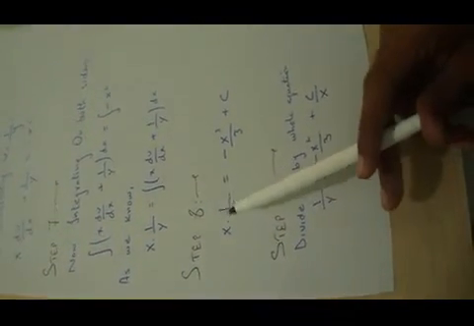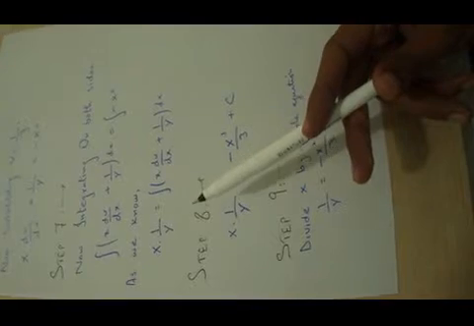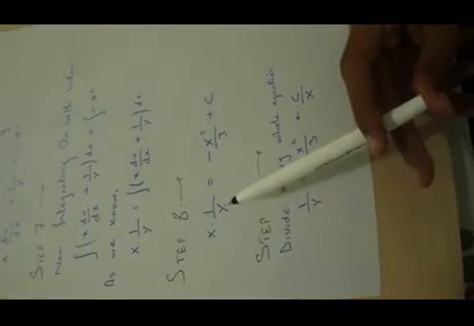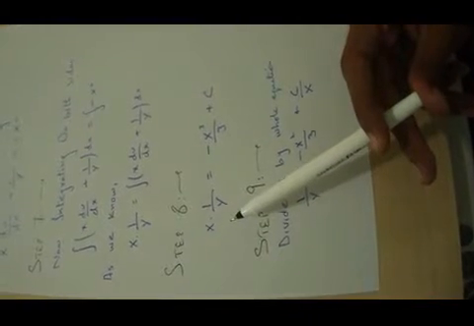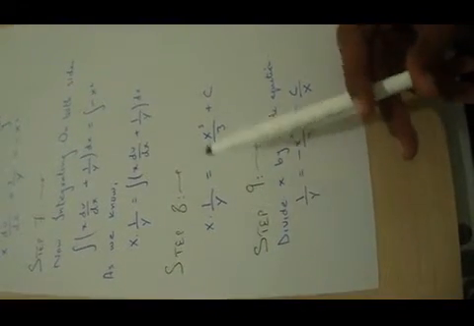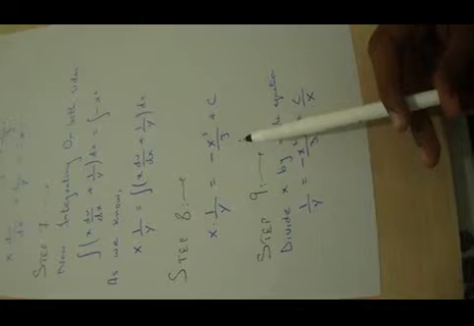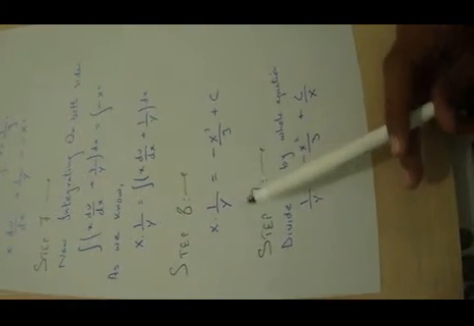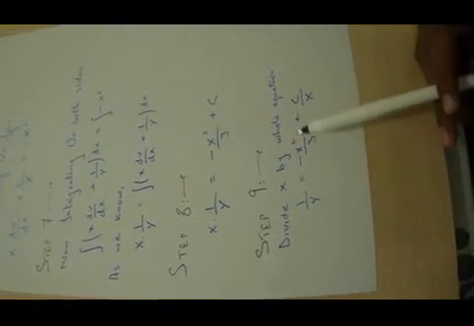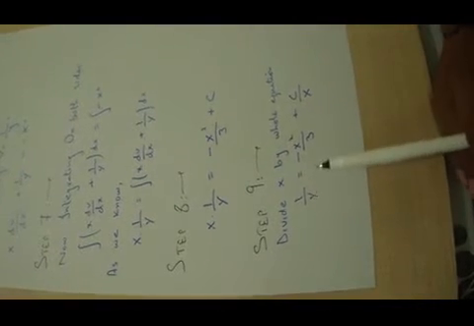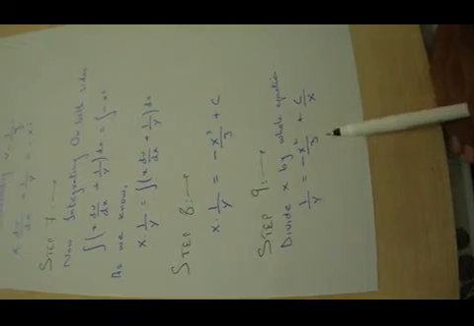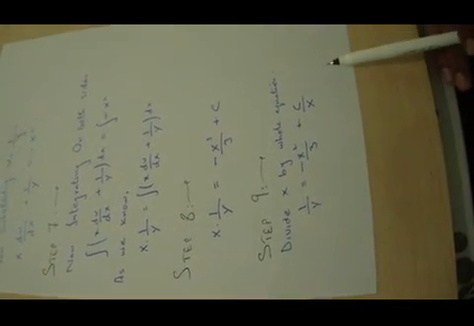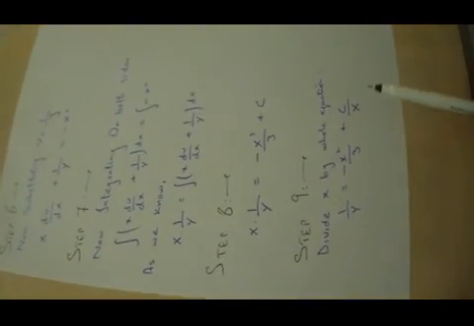Step 8: we substitute our product into the equation, so x · (1/y) = -x^3/3 + c. Then we divide the whole equation by x, and we get 1/y = -x^2/3 + c/x, which is the solution of our Bernoulli equation.